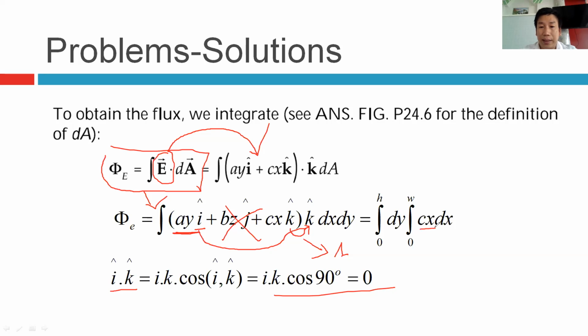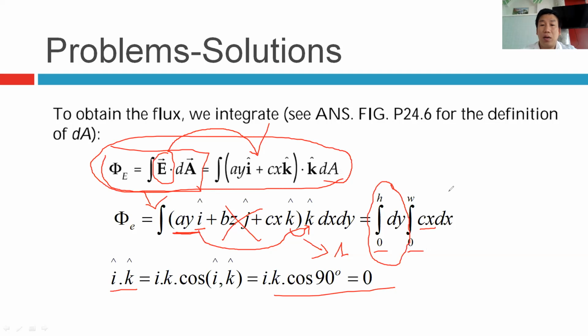Because this is a double integral, we need to integrate layer by layer, over y and over x. We can divide it because y and x are independent.